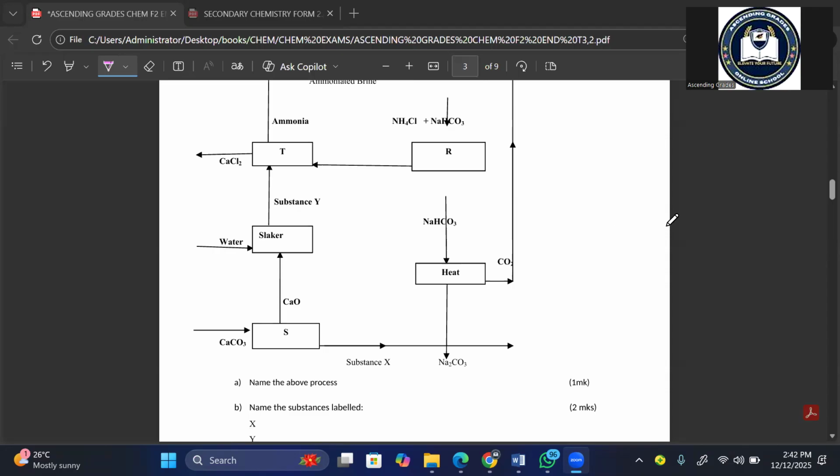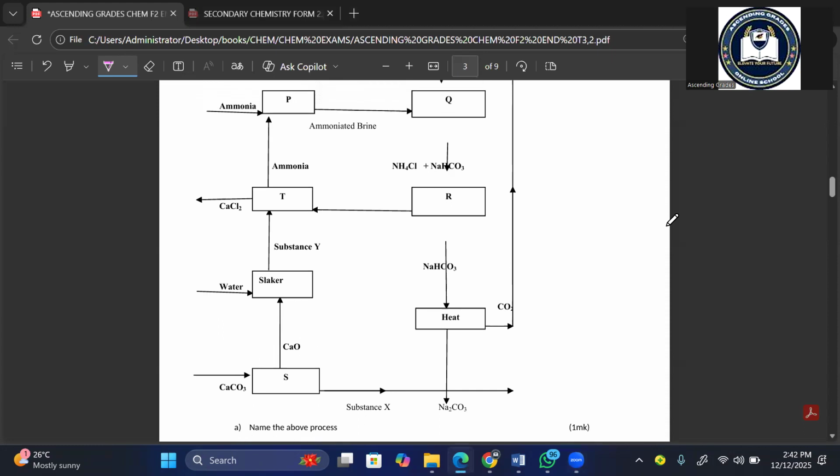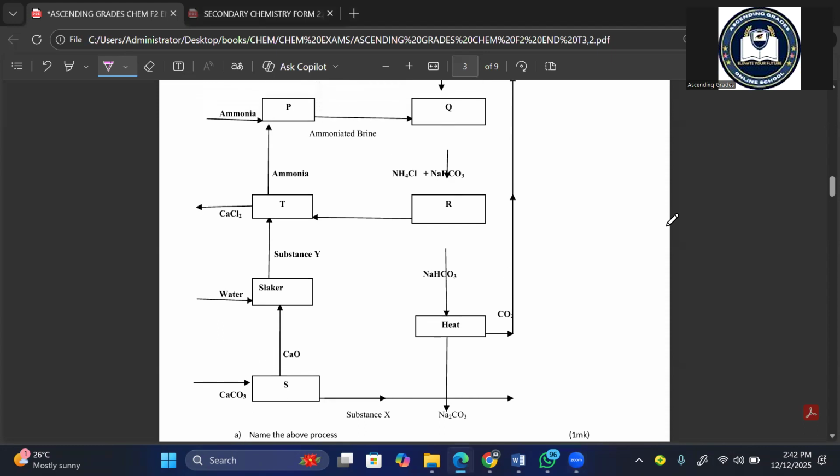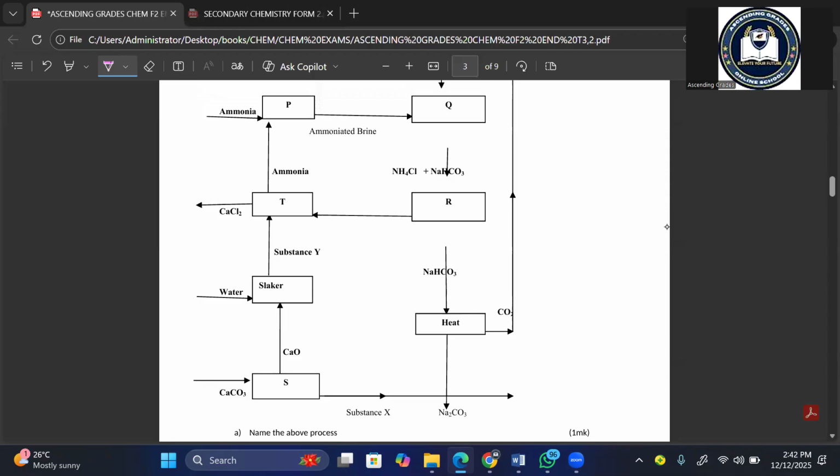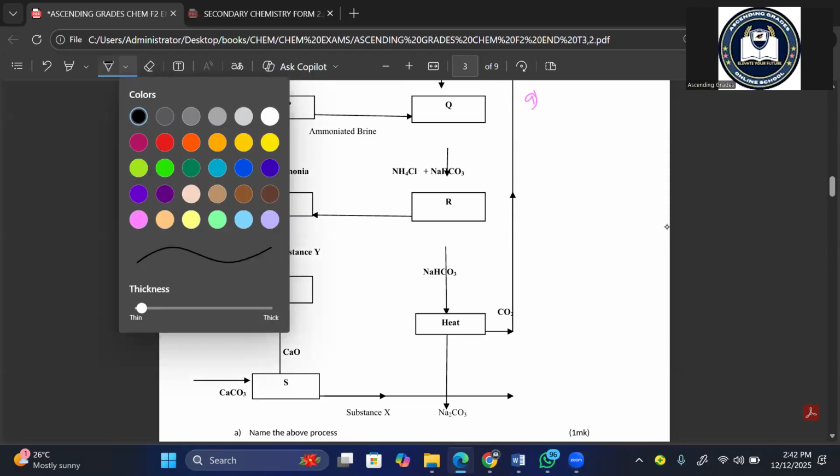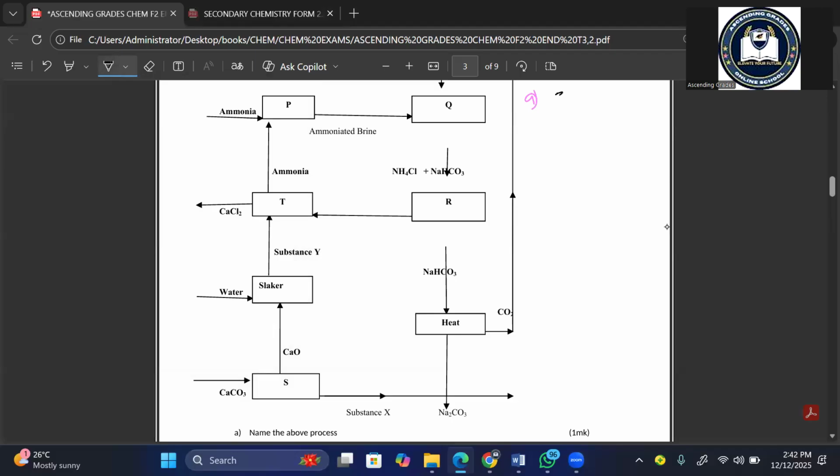You're asked, name the process. What is happening in this one? So that is question A. Then you are going to say that this is the Solvay process.